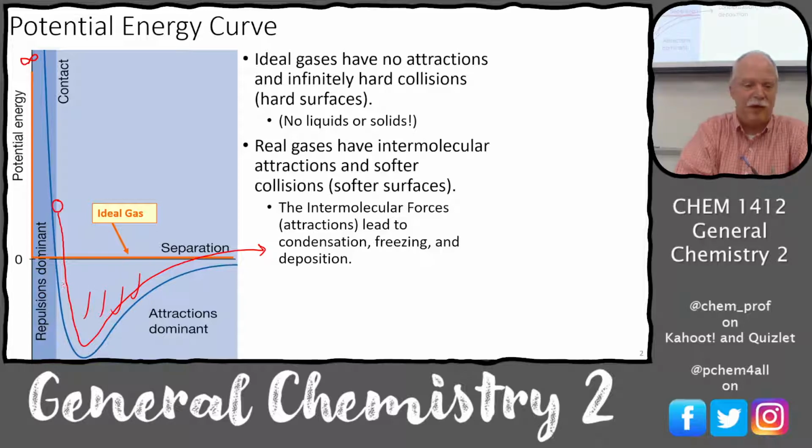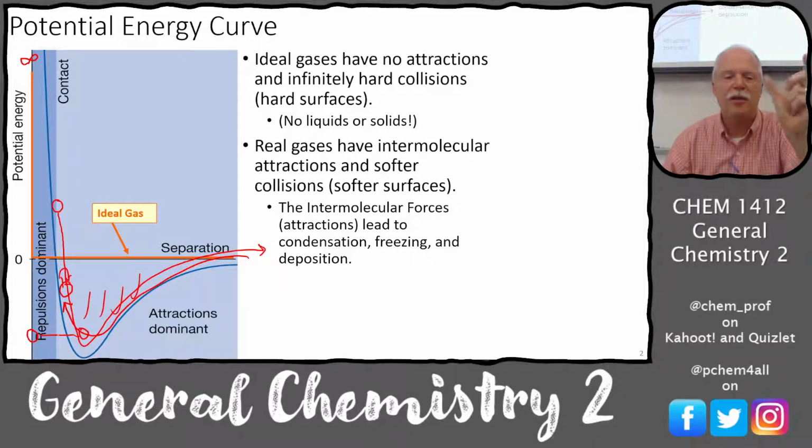But if you have a ball that's below that potential energy here, and you have another ball that comes in and hits it with just a little bit of energy, causes it to come up and then back down, they both get stuck in this region, and you end up with this intermolecular distance. So you have a ball here and a ball here, and now you have a diatomic species. It could be a diatomic molecule. It could just be 2 molecules stuck to each other.